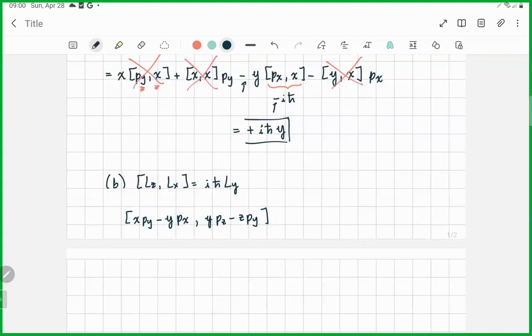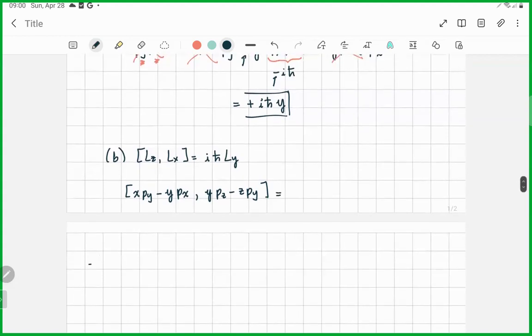Well, open these commutators now, according to this subtraction. So that means we'll have x p_y with y p_z. Then we have this first term with this one, so minus x p_y with z p_y.